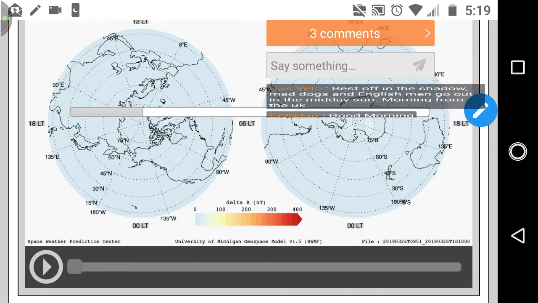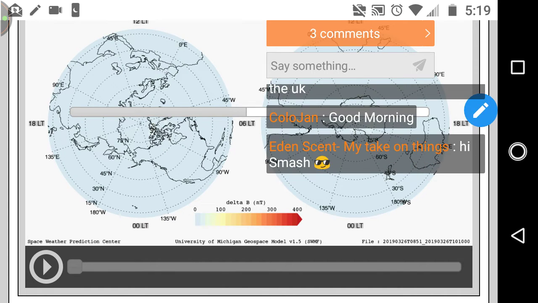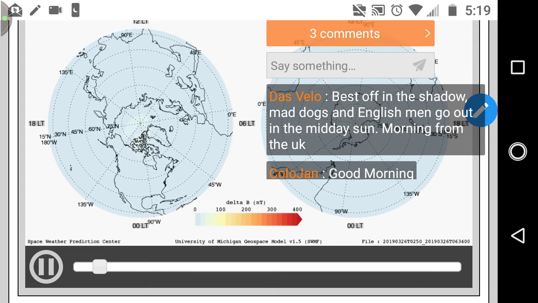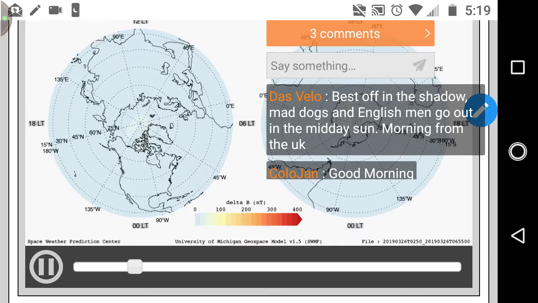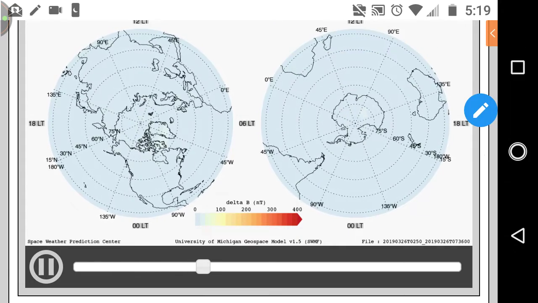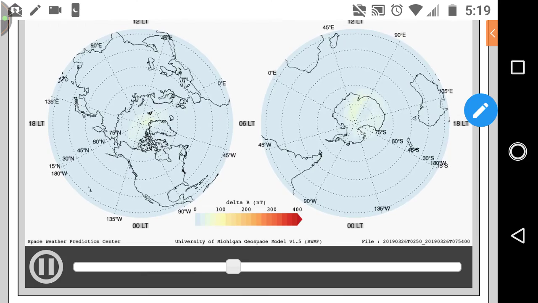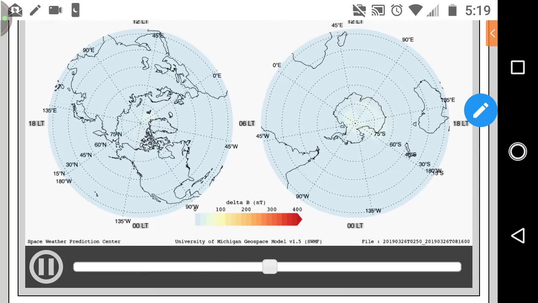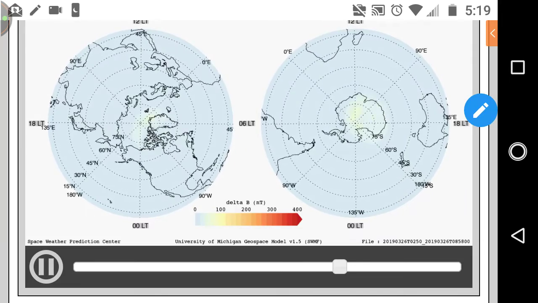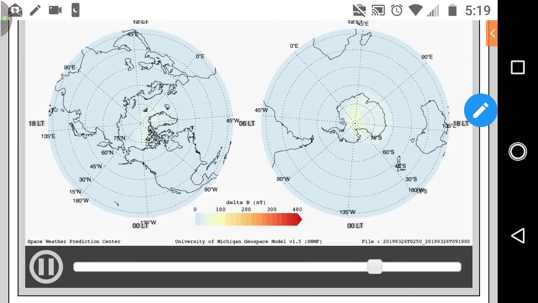Head to the source, right? I don't know what that means. So here are your ground geospace magnetic perturbations. And as you may expect with such a slow solar wind, you don't see many perturbations.